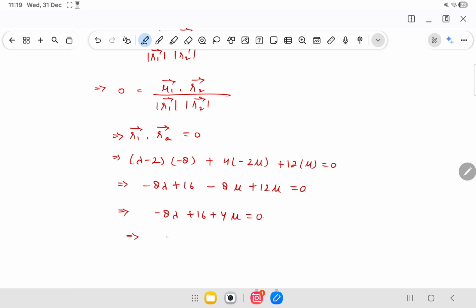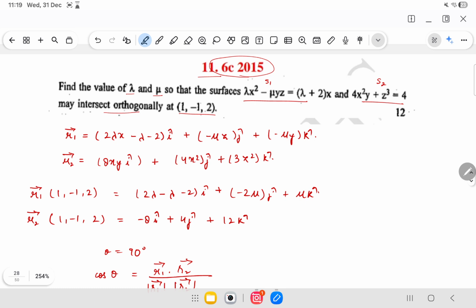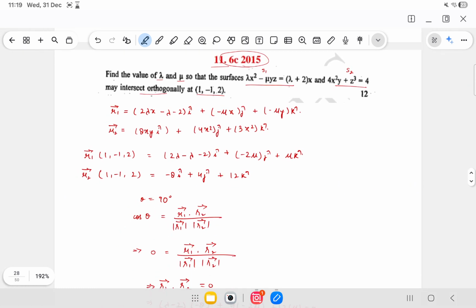So from here I'll get 8 lambda equals 16 plus 4 mu, which gives 2 lambda equals 4 plus mu. This is one relation. Now observe that the given point also lies on the given surfaces S1 and S2, so from there we'll also get a relation in mu and lambda. If I plug this point into surface S1, because only S1 contains the constants lambda and mu, that gives lambda plus 2 mu equals lambda plus 2.